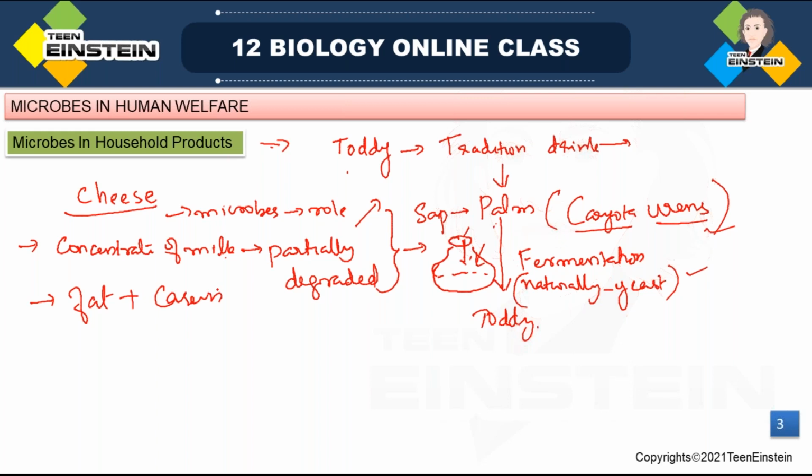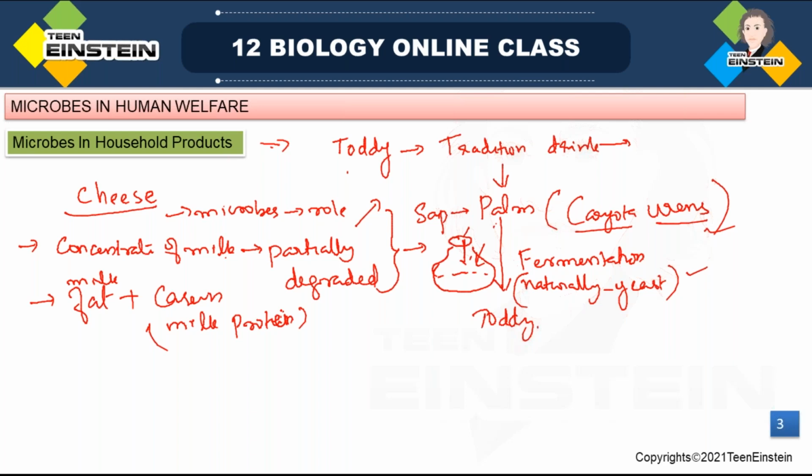Casein is a milk protein. Okay, casein is a milk protein. So a partially degraded concentrate of milk fat and milk protein, that is cheese.